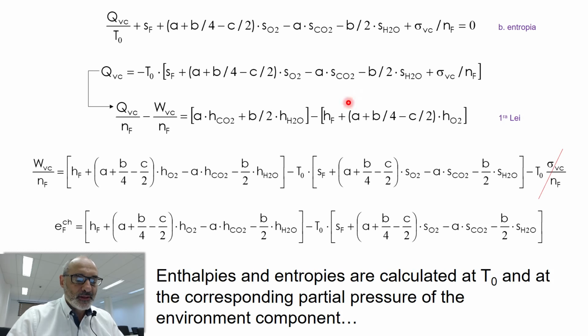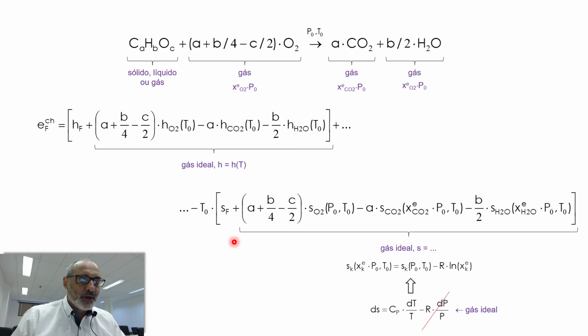So for instance, here this enthalpy of CO2 must be calculated at T0 and at its partial pressure. It is true that the pressure's influence on enthalpy is small, but if you want to be very precise, you're going to consider the pressure.